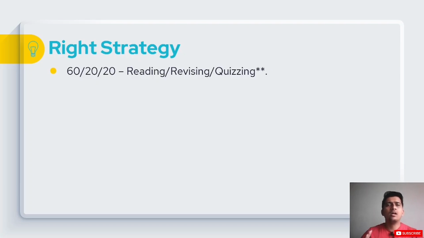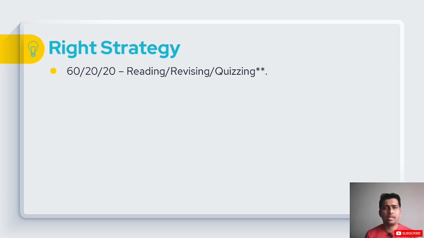Suppose you have 100 hours at your disposal for preparation. Of that, 60 hours you should spend reading or going through the CPIM content, the next 20 hours revising that content, and the next 20 hours giving the quizzes or practice exams. That should be the basic split.